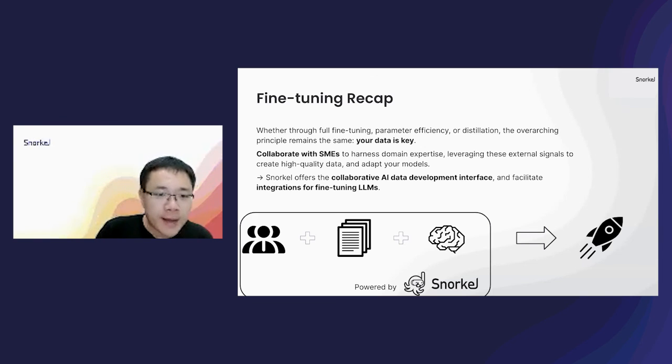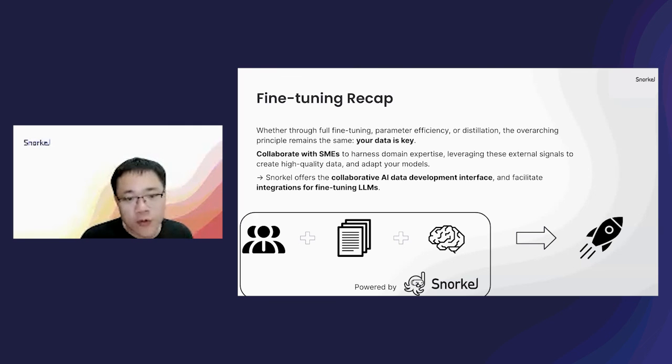So for the fine-tuning recap, whether you choose to approach it from a full fine-tuning approach, parameter efficient, or distillation, the overarching principle is the same: your data is your key. You can improve your data quality by collaborating with your subject matter experts, leveraging domain expertise, existing resources, and existing material. You can leverage all these signals to create high quality data and then use it to adapt your model.